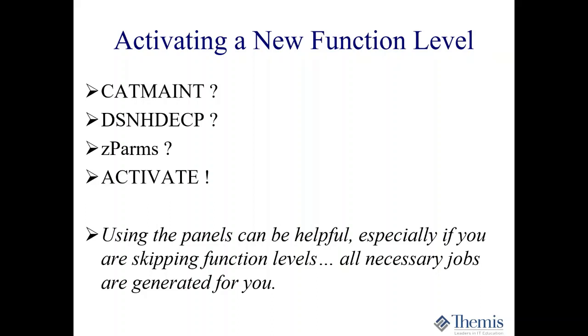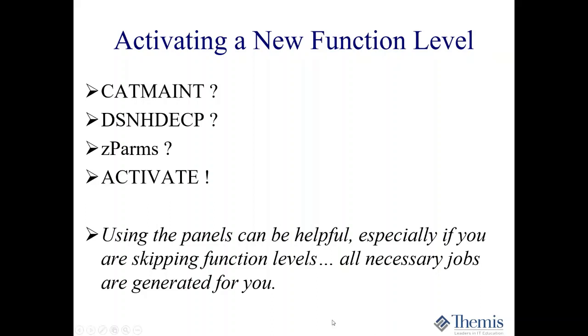But if you migrate to version 12 today, there are 5 levels, or 6 actually if you count M500, right? 6 different potential function levels you could be at. My guess is you're not going to want to migrate through all 6 one at a time. So if you're going to skip some, the panels will actually generate everything that's needed. Otherwise, you might have to piece that stuff together yourself.